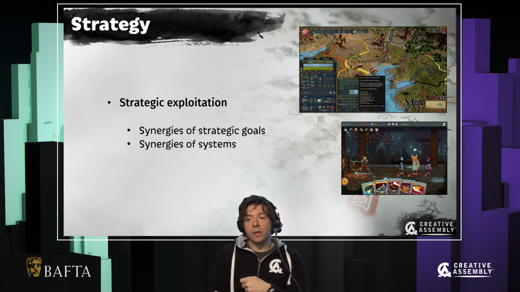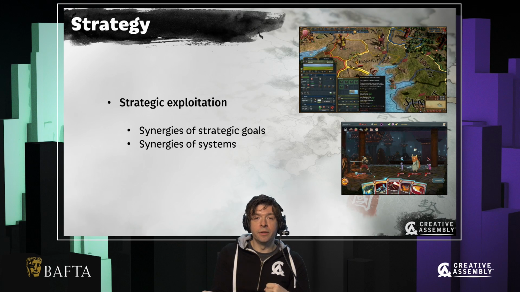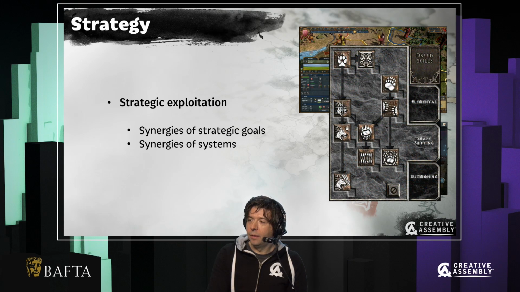So as your character progresses throughout the playthrough, if you really focus and leverage on these synergies, you can have a really nice, rewarding feeling of power growth. And a nice old school example is the Diablo 2 skill tree, where the skills will have synergies with each other to further boost sort of the effectiveness of a build.